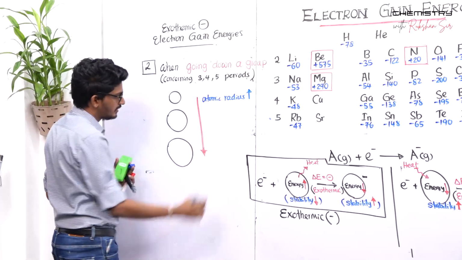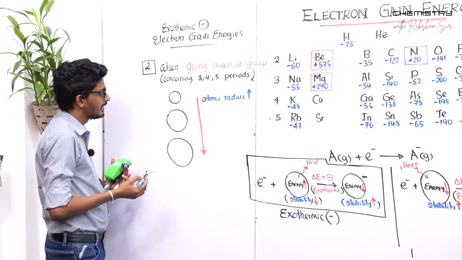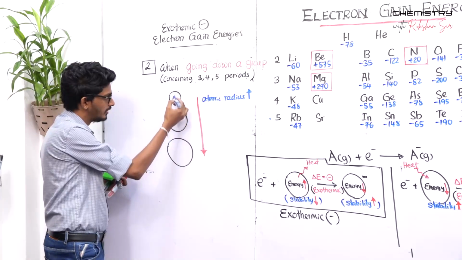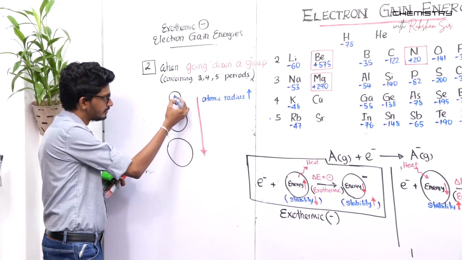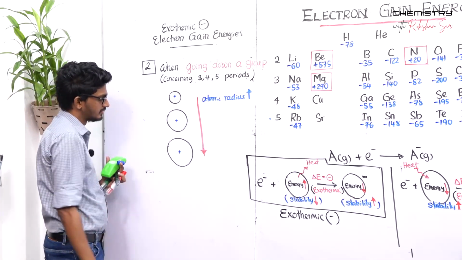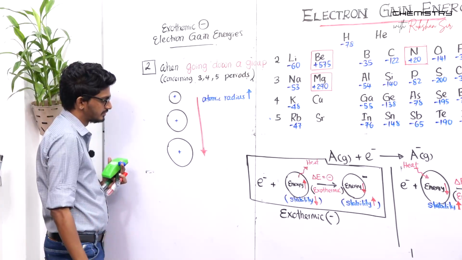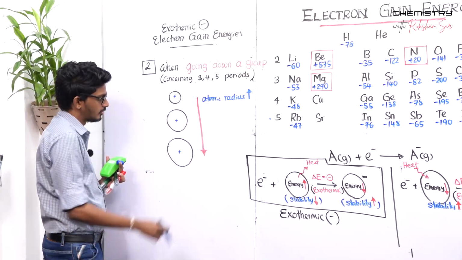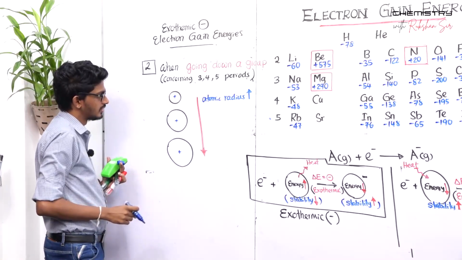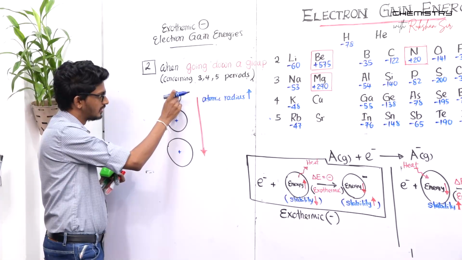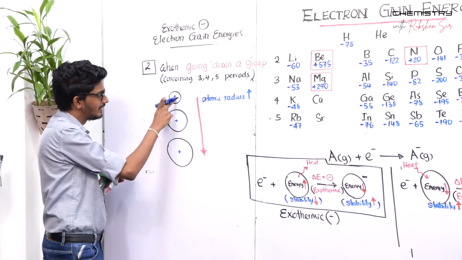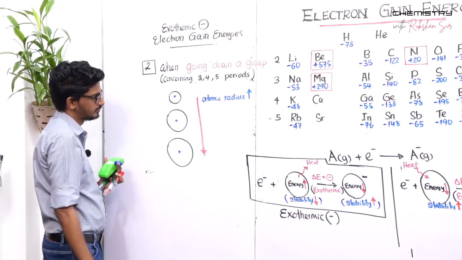When atomic radius increases, the ability to gain an electron decreases, because this is the nucleus of your atom. The distance from the nucleus to the valence shell is far away here. Attracting an electron becomes a bit harder for this one than this one. Attracting an electron is easier here. So the keenness of gaining an electron is high here and low here.